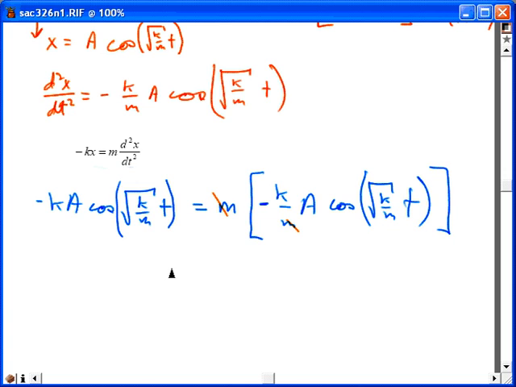I've got the same thing on both sides, so this is an identity. I mean, the exact same expression. Identity, because we've got the same exact expression on both sides.